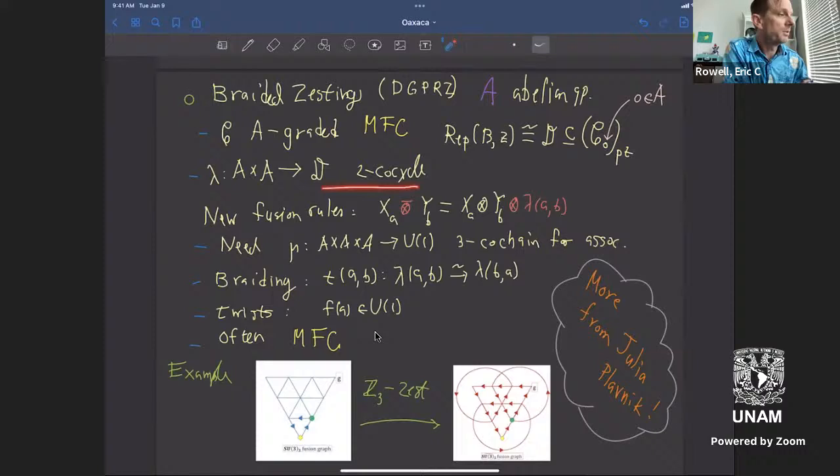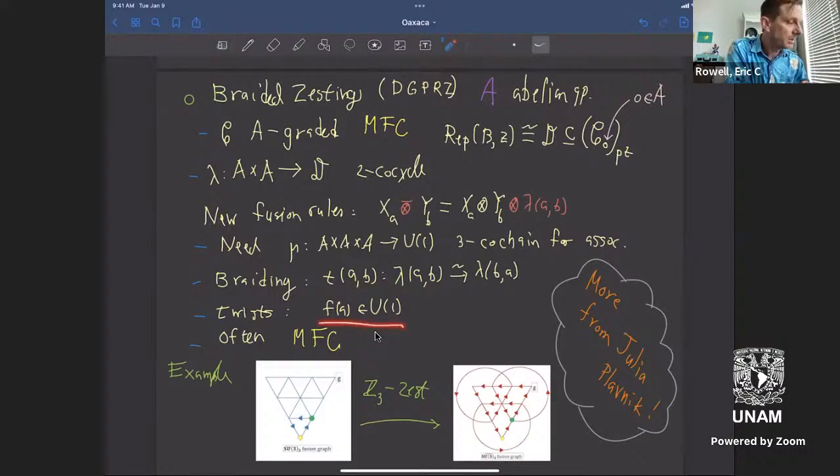So you start with a 2-cocycle. You can construct new fusion rules. You change the fusion rules by tensoring with an invertible object. And then you need to sort of correct the problems that arise because of the associativity. So to correct associativity, you then take this 3-cochain. The braiding gets adjusted.